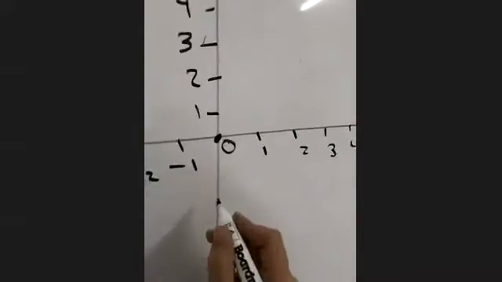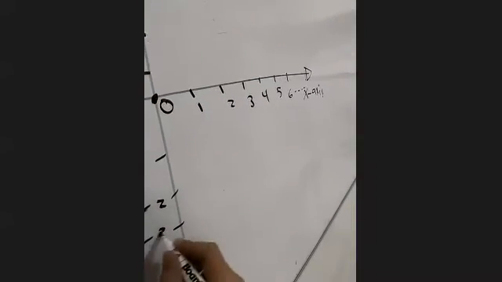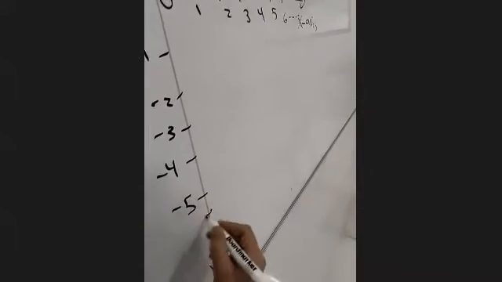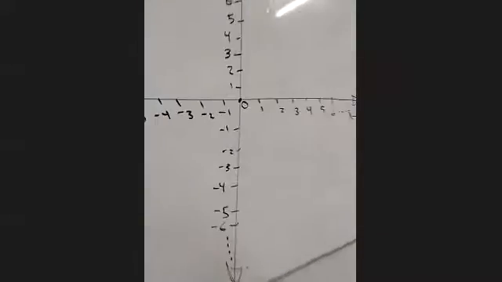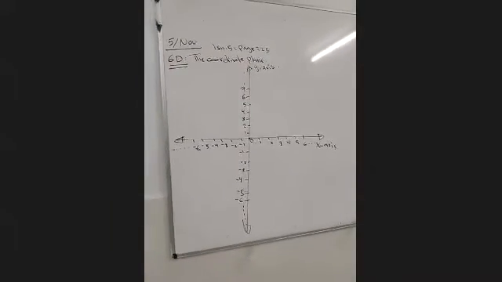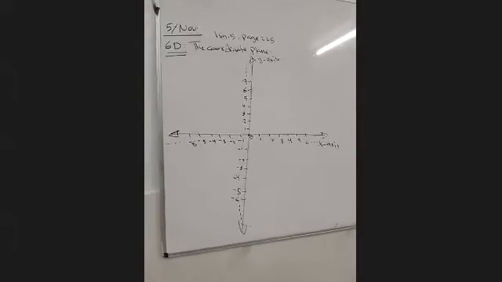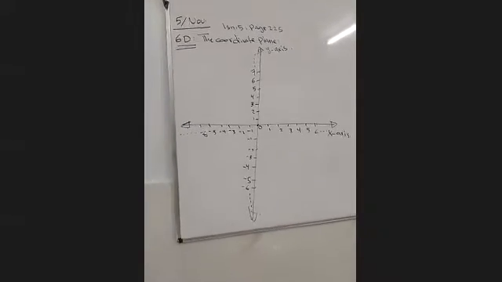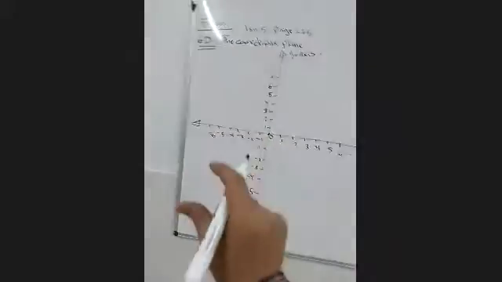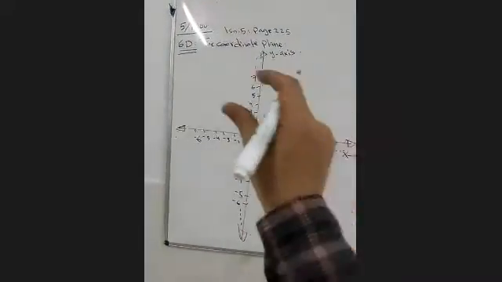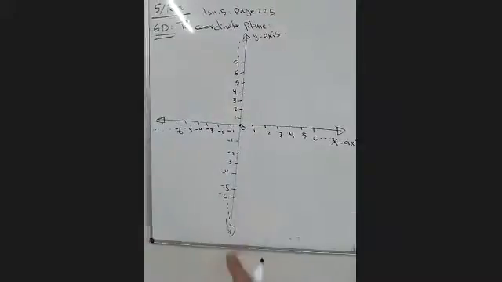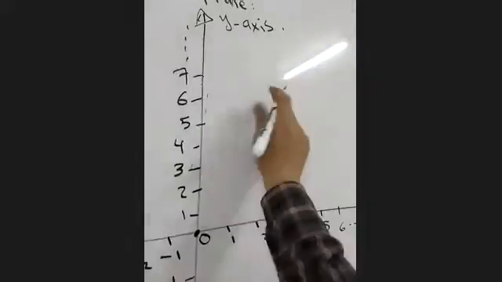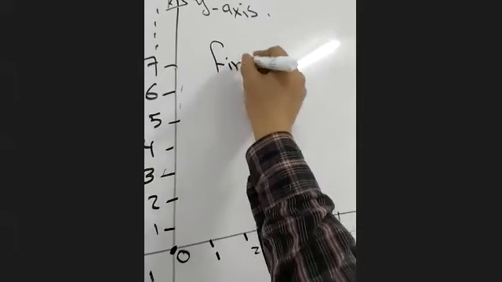Okay, now up we have positive, down we have negative: -1, -2, -3, -4, -5, -6, and down forever. So this is what we call the coordinate plane. In the coordinate plane, we have 4 sections or 4 parts. The first part, this part, we call the first quadrant.